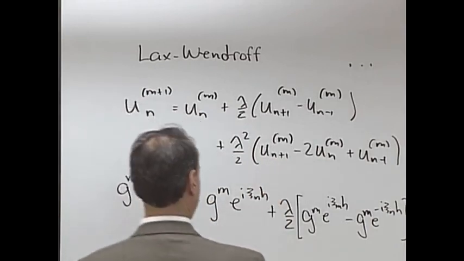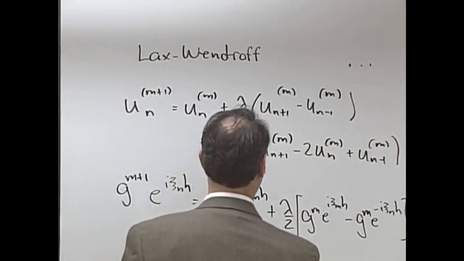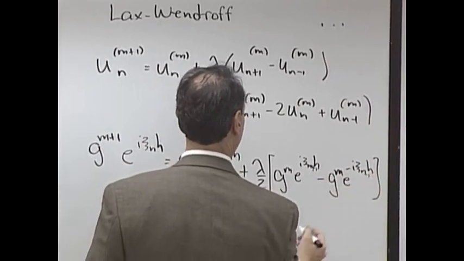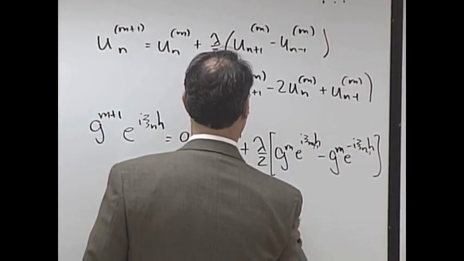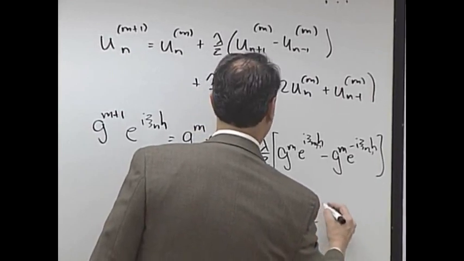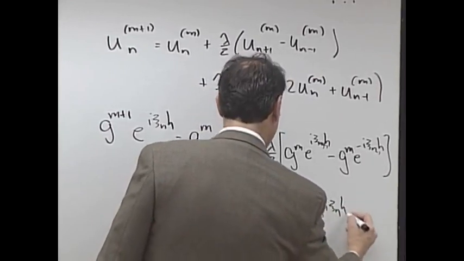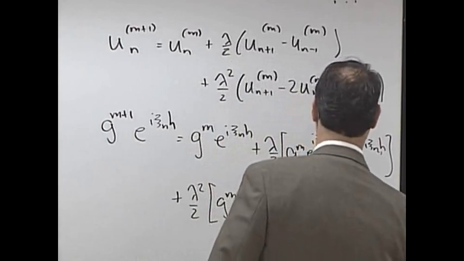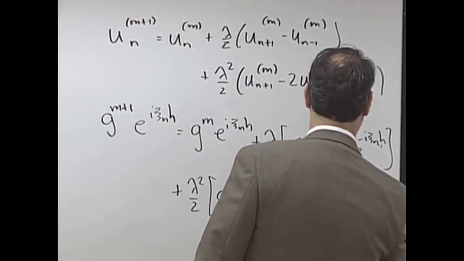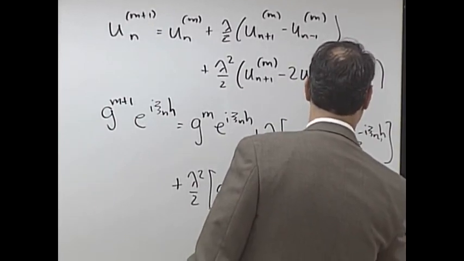Here you get, again, g of m. And notice that these are n plus 1s here, n minus 1 there, n plus 1, h minus 2, g of m, e to the I c of n h, and then plus g of m, e to the I c of n minus 1 h.